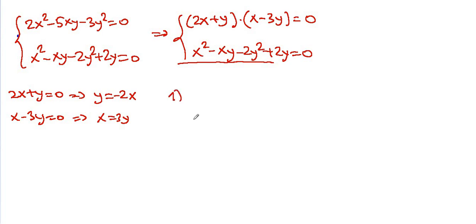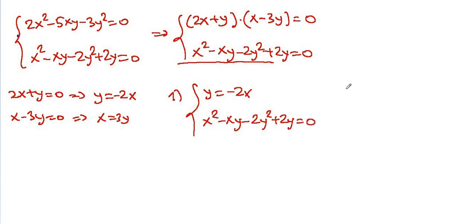The first one is if y is equal to minus 2x and x squared minus xy minus 2y squared plus 2y is equal to 0. And the second is if x is equal to 3y, then x squared minus xy minus 2y squared plus 2y is equal to 0. So now let's start from the first.